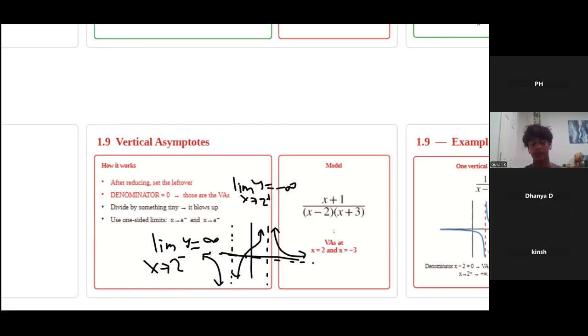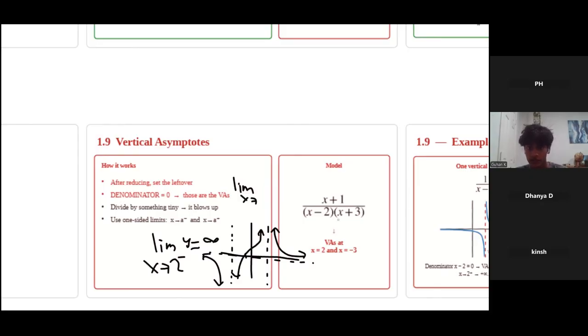It might seem pointless since both of them are going to infinity, but there are going to be graphs where they alternate. A neat trick is that when the greatest degree on either the top or bottom is an even number, then both the arrows are going to point the same way. Here it's 2, so that's even, so both the arrows are going to point like that.